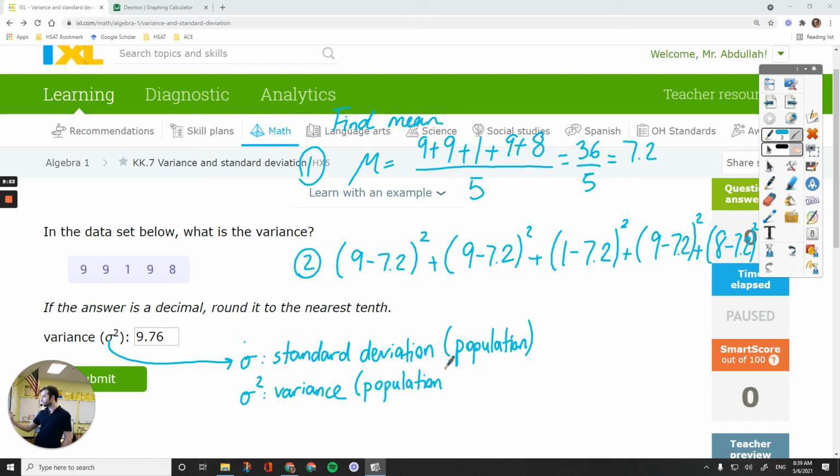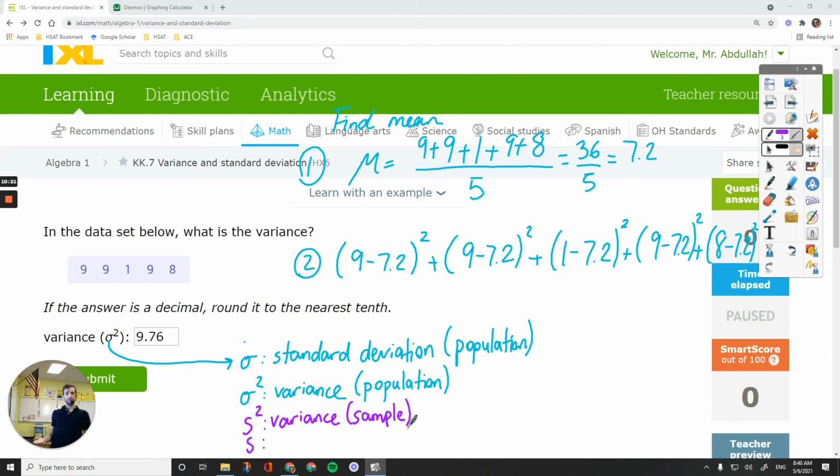Now, two more letters or symbols that are not going to look weird as these two, S squared and S. S squared is variance of a sample.